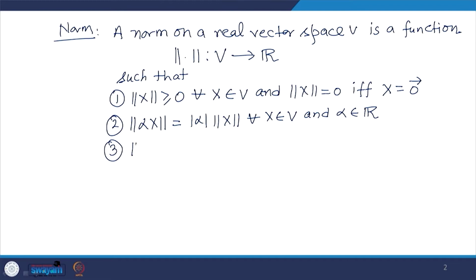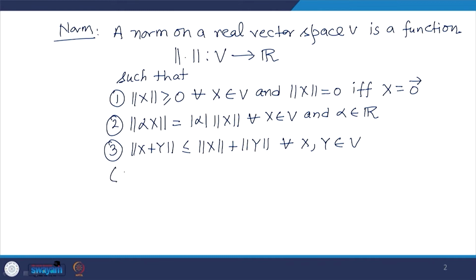The third property is that the norm of the sum of two vectors x and y is less than or equal to the norm of x plus the norm of y, for all x, y belongs to V. So, it is again the triangle inequality.